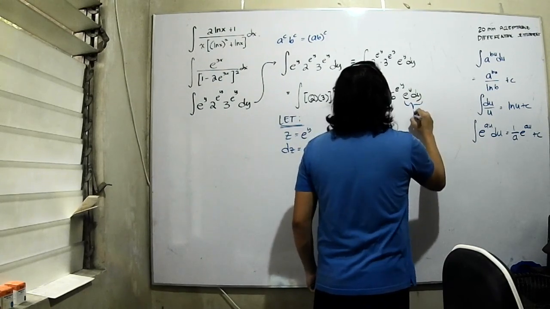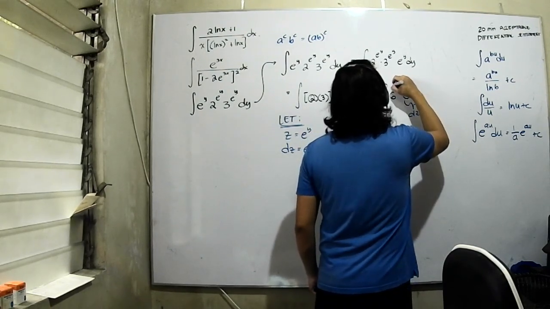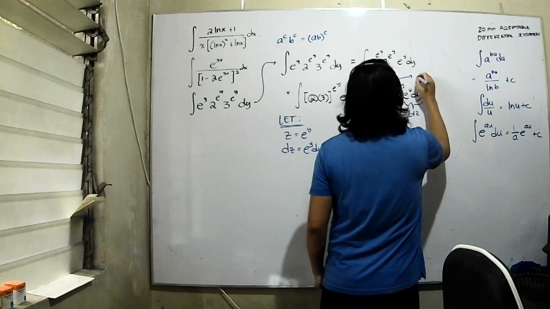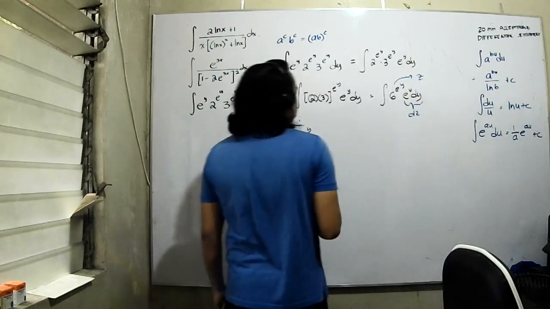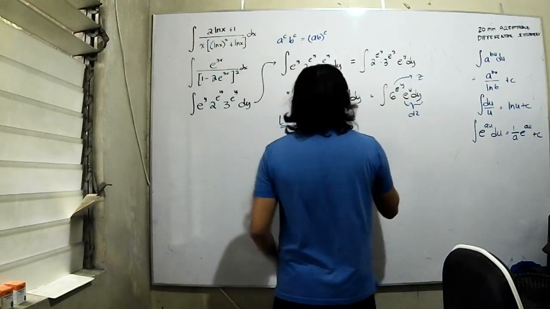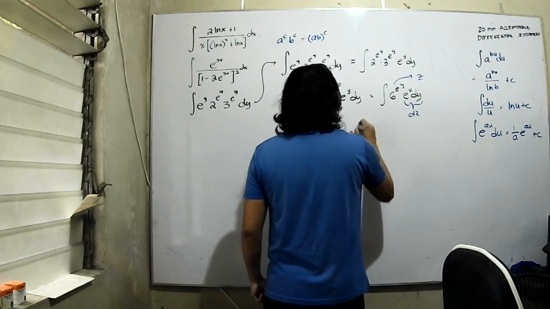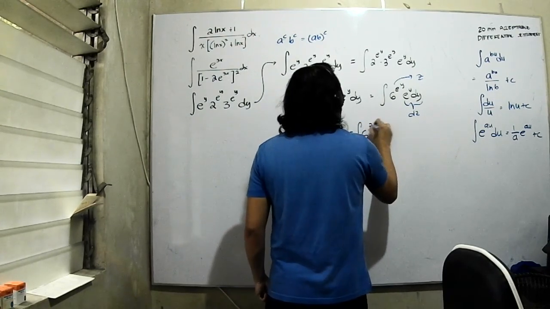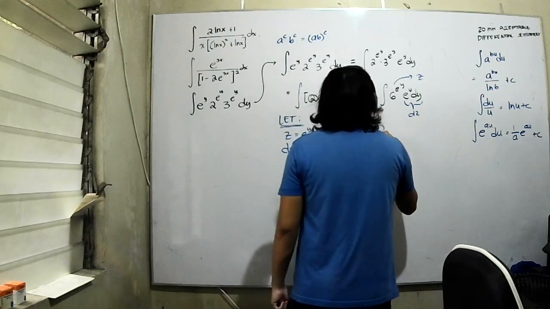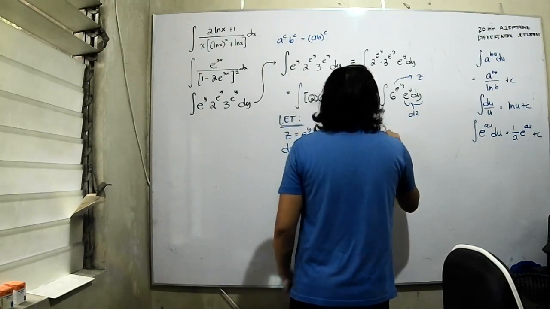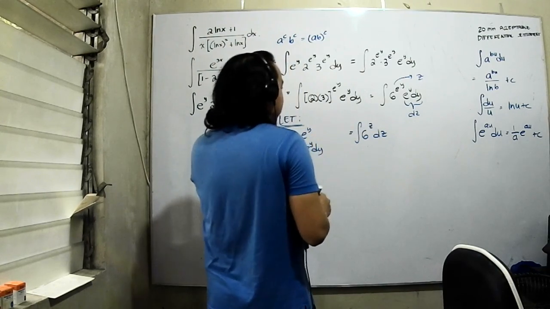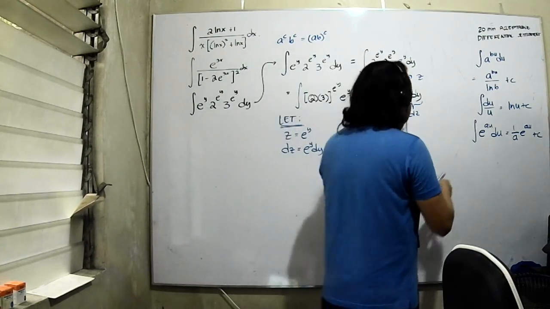This should be equal to dz, and this term over here should be equal to unsa? z. Kani lagi z. So this becomes unsa na sad? 6^z multiplied by unsa man siya diri? dz diri.